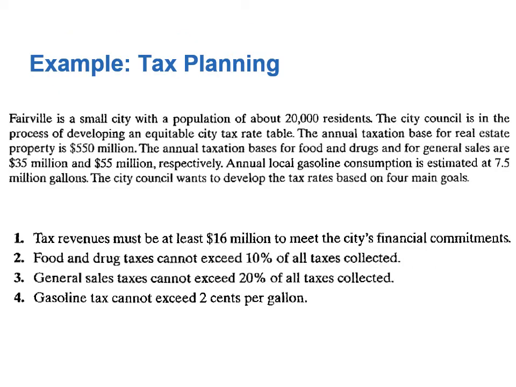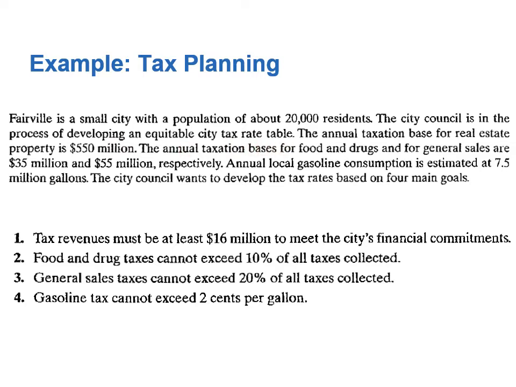So it is easy to explain the concepts with an example. Let's consider this example from your book. Okay, so in Fayetteville, which is a small city, there are 20,000 residents. The city council is in the process of developing an equitable city tax rate table.